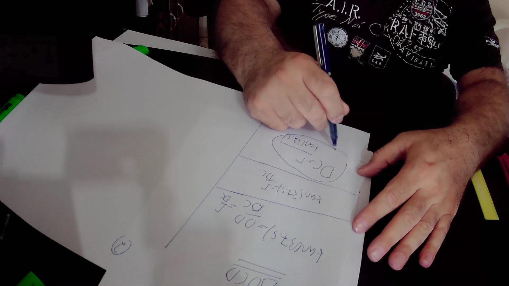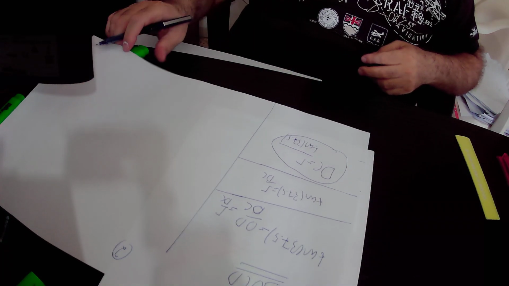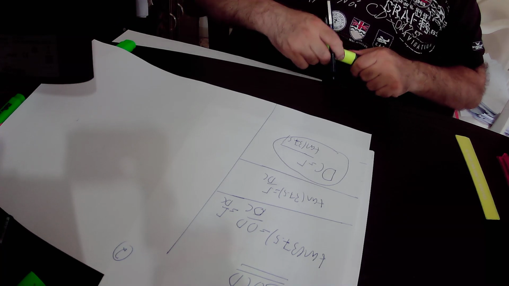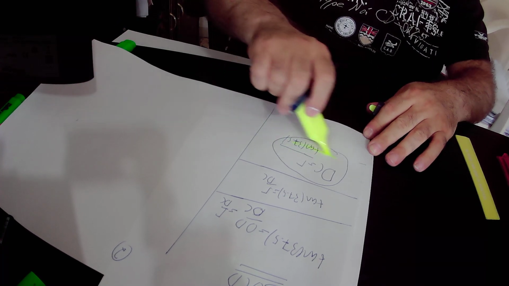Actually, we found out the values of DC and BD.